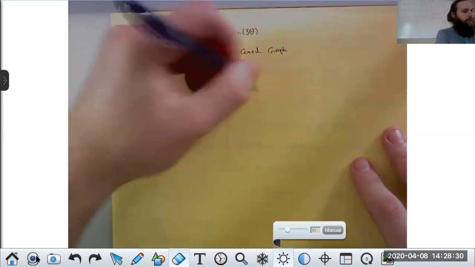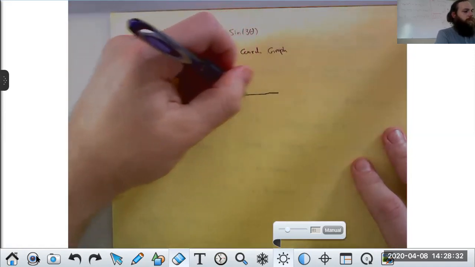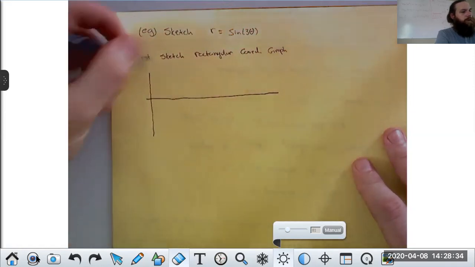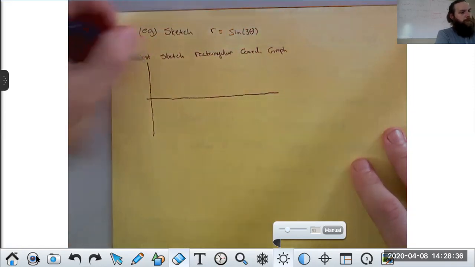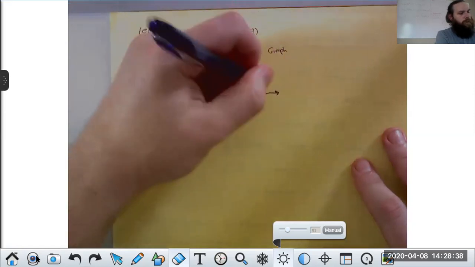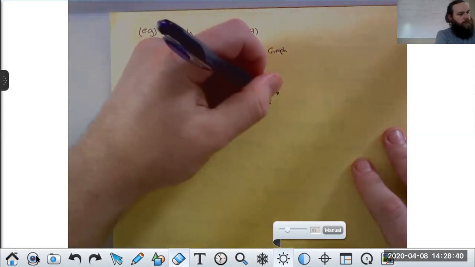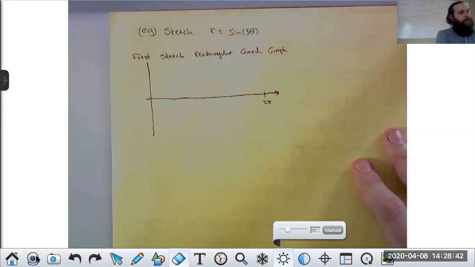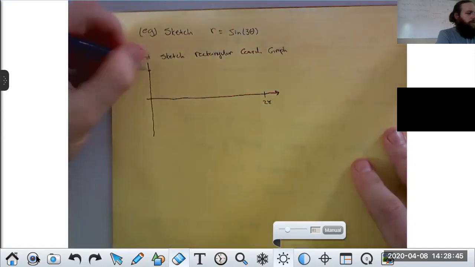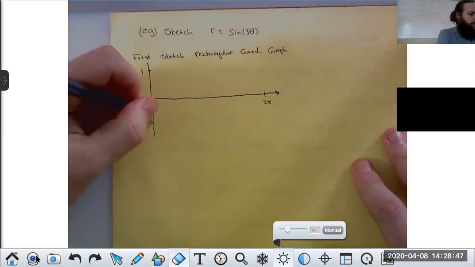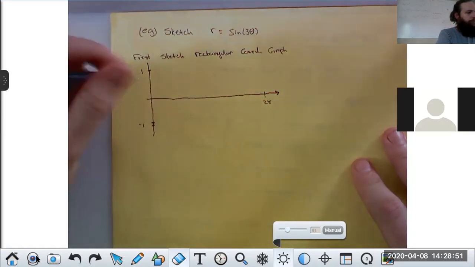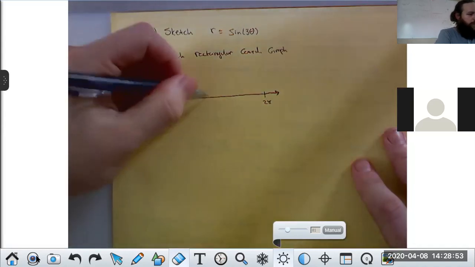And even though this guy's period isn't 2 pi, I'm going to still graph him all the way out to 2 pi to make sure I'm able to see what happens as my arm swings all the way around. This is a sine wave with amplitude 1, so I'll mark up here as +1 and down here as -1. Maybe it should be a little bit lower. If that's 2 pi, then this is pi.